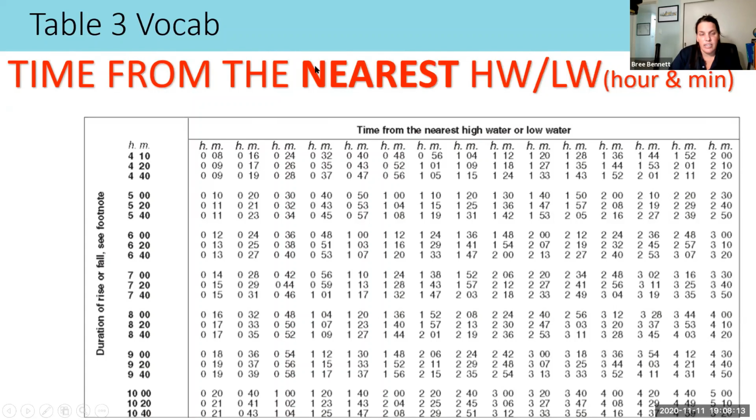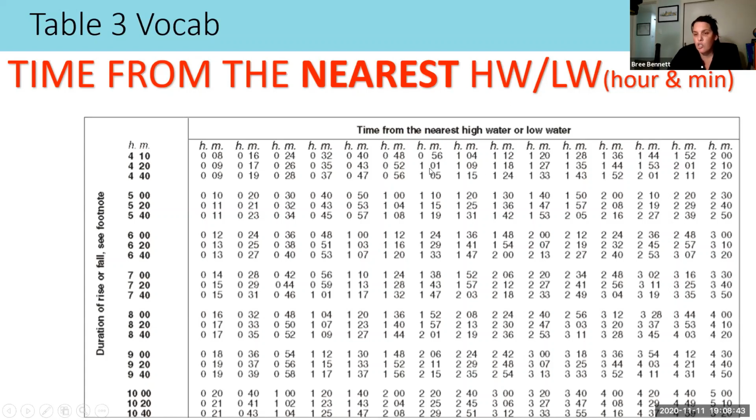Our next one is time. The other value on this chart is time from the nearest high water or low water. So if high water was at 6 o'clock and low water was at 12 o'clock, and I wanted to know what was happening at 8 o'clock, what is the time to the nearest high water or low water?